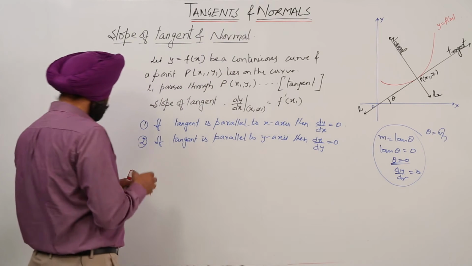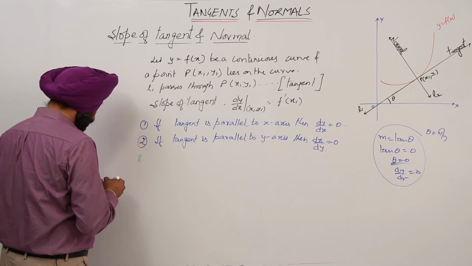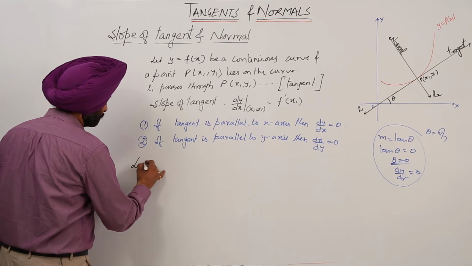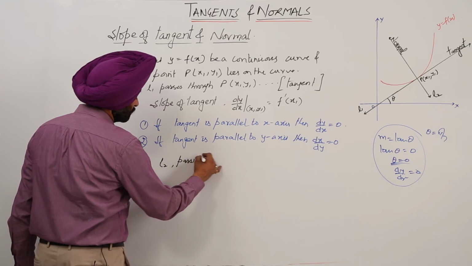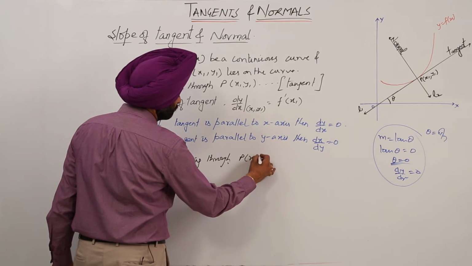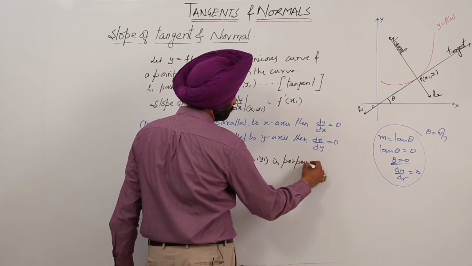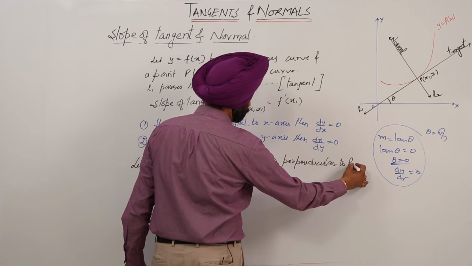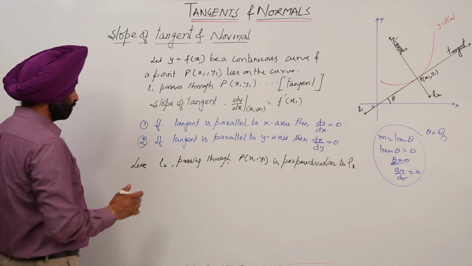So now after this, we have line L2 passing through P (x1, y1) and perpendicular to L1, or perpendicular to the tangent.